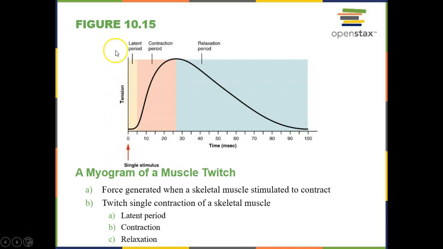And the y-axis is the tension that's formed. When something stimulates a single muscle fiber, the stimulus occurs and it's going to take approximately a few milliseconds before the contraction occurs. This is known as the latent period.